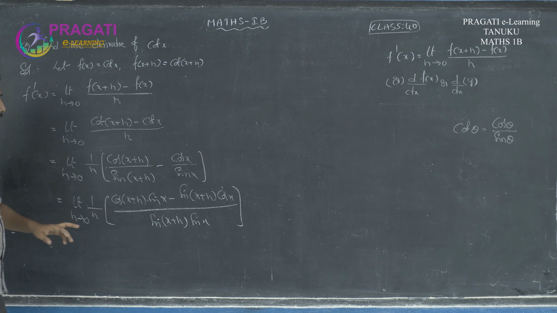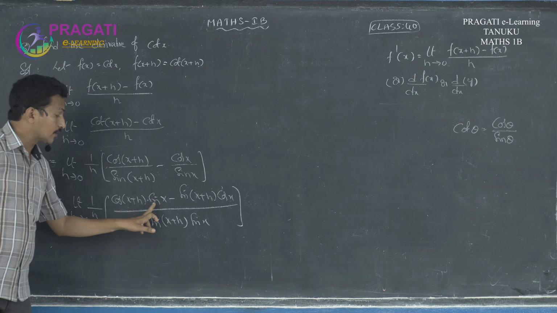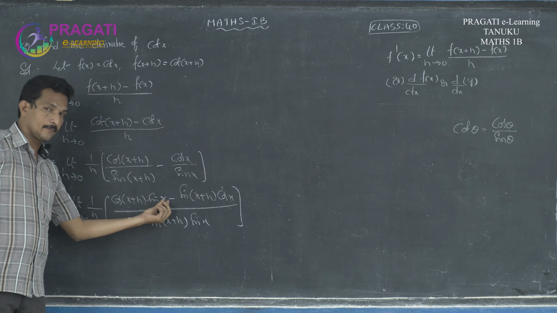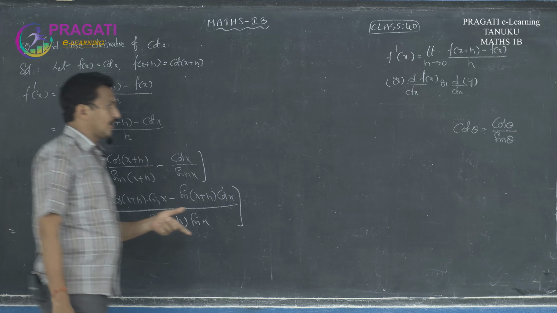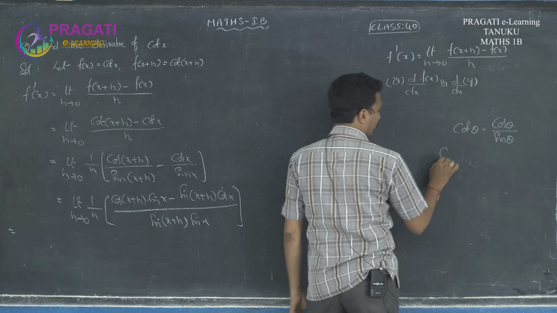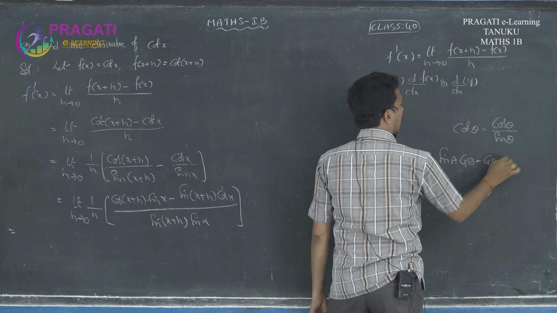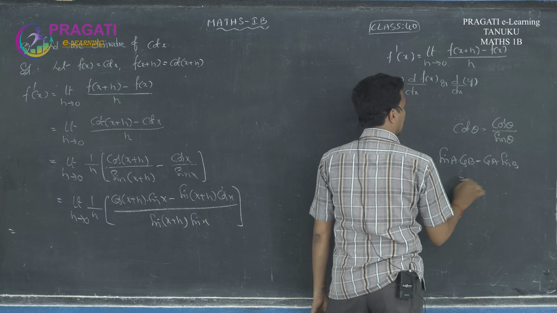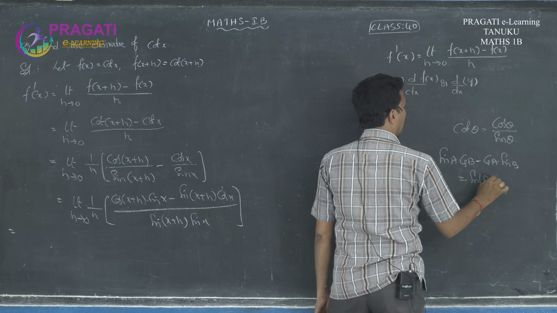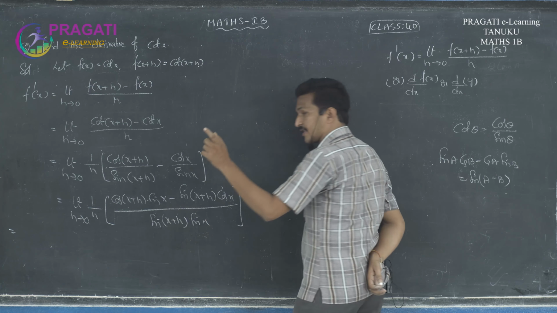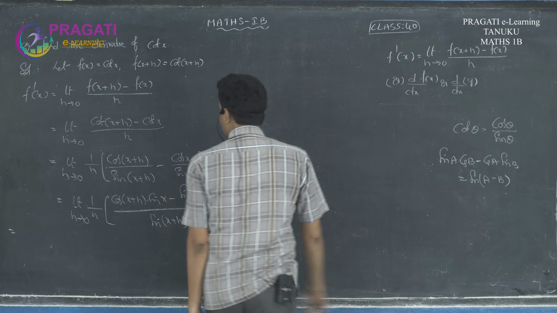Here you observe that sin A cos B, here A means x, B means x plus h. What is the formula? Sin A cos B minus cos A sin B is equal to sin of A minus B. Here A means x, B means x plus h.